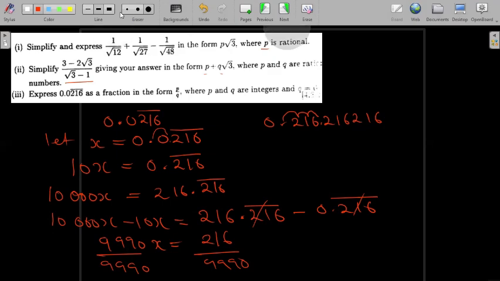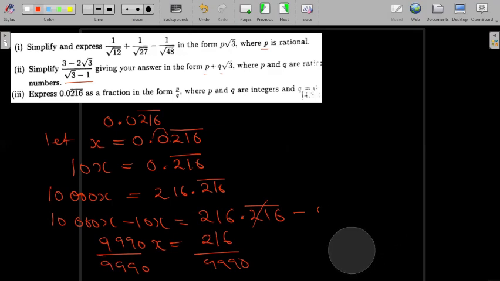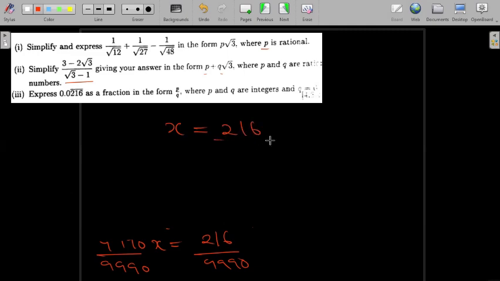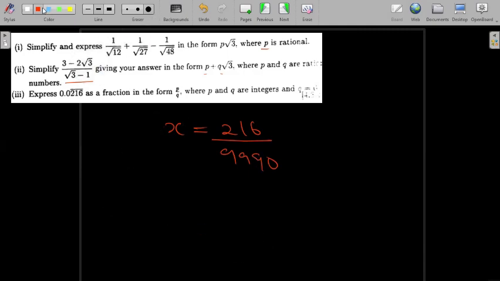So for your simplification, you look for the common factors. The question is, can you simplify this further? If you have 126 over 9,990, you ask yourself, can you simplify that further? Okay, I can divide by 2.